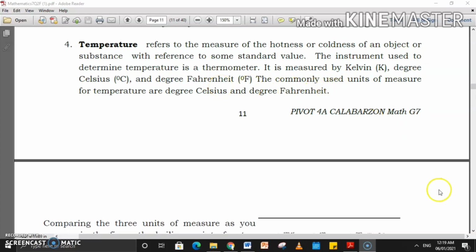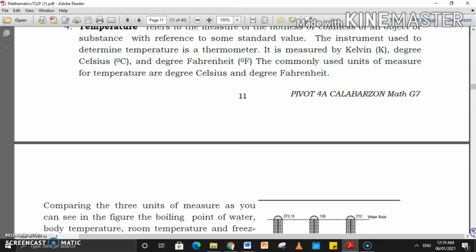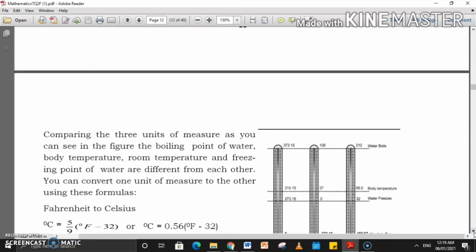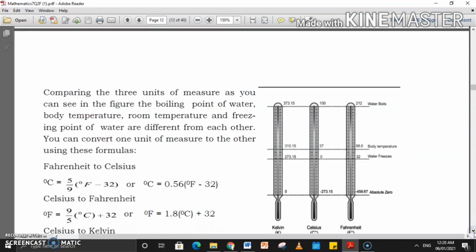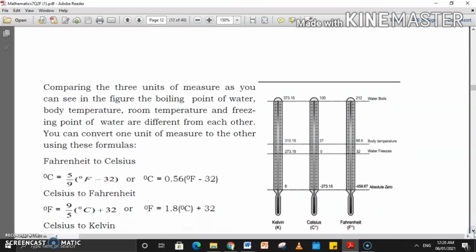But the commonly used units are degree Celsius and degree Fahrenheit.